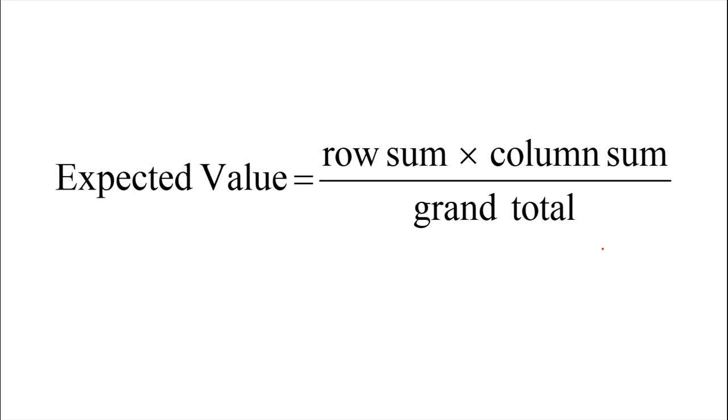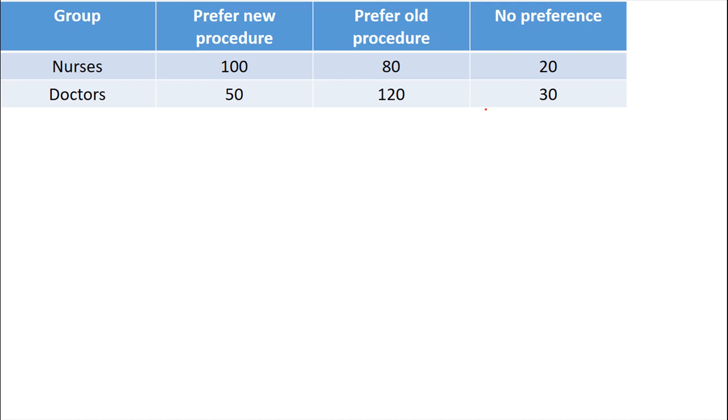That means you have to find the row sum and the column sum, then divide by the grand total. From this set of data, first you calculate the row sums. For the first row, 100 plus 80 plus 20 is 200. The next row, 50 plus 120 plus 30 is also 200. For the first column sum, 100 plus 50 is 150.